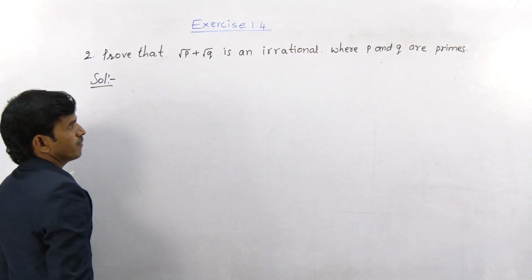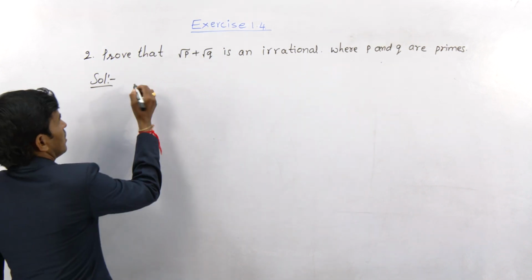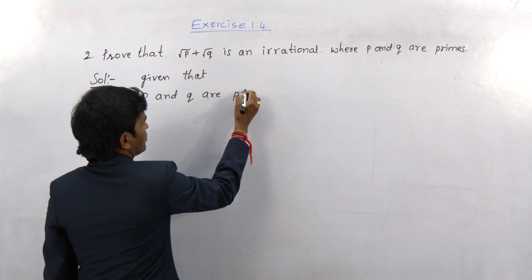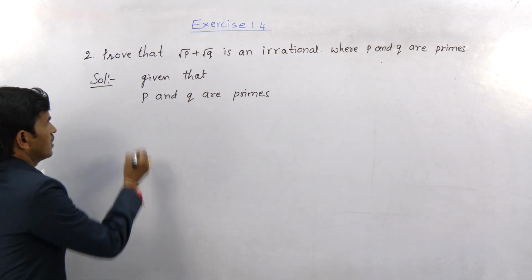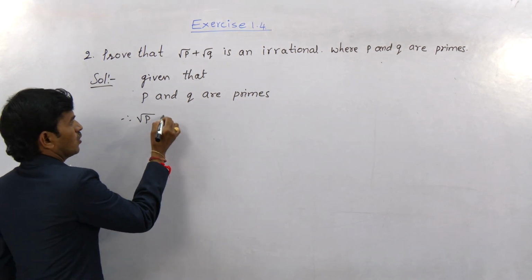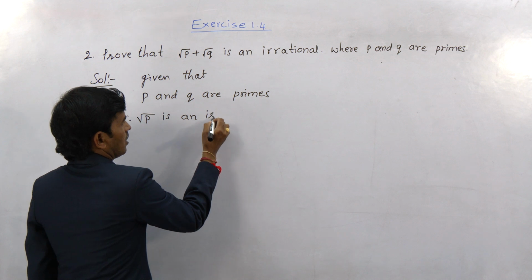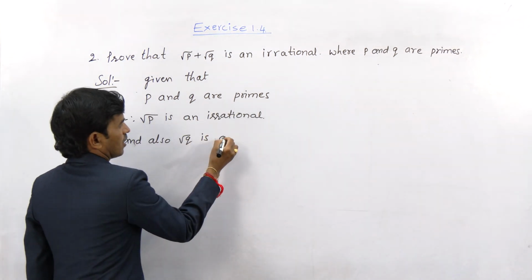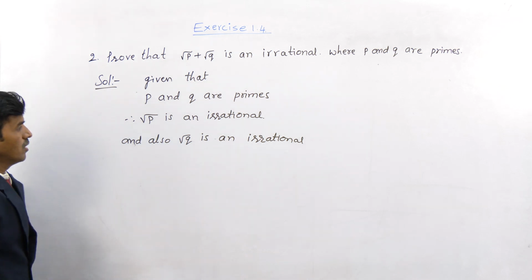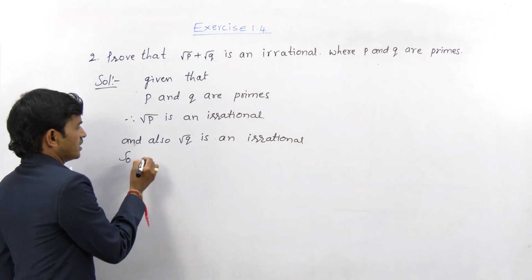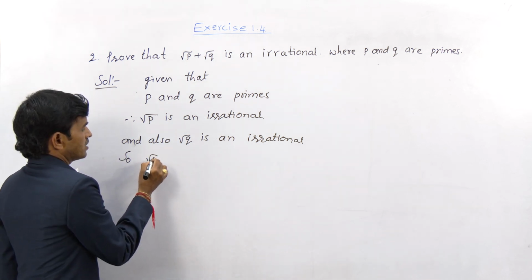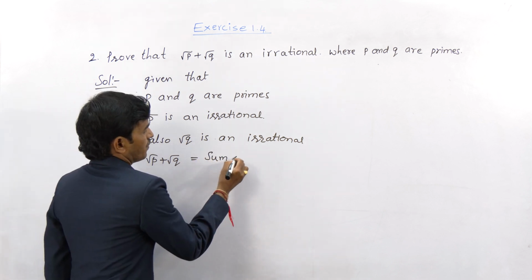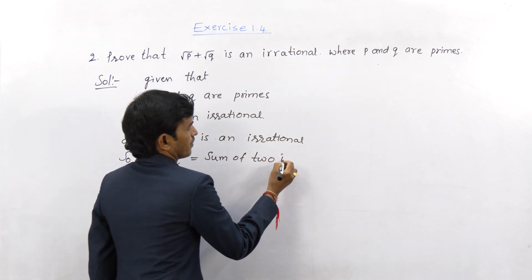So in order to prove that, given that p and q are primes, therefore root p is irrational and also root q is irrational.